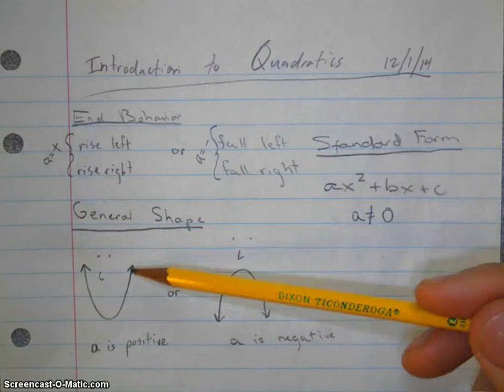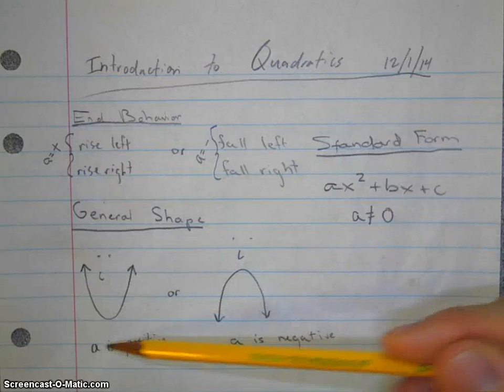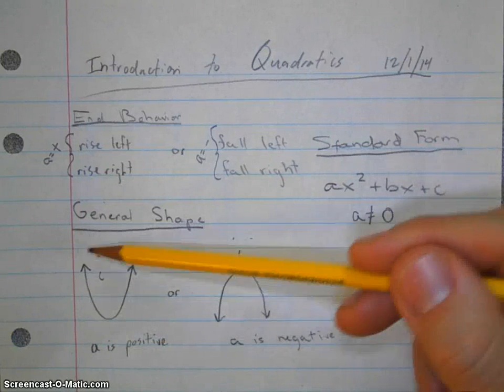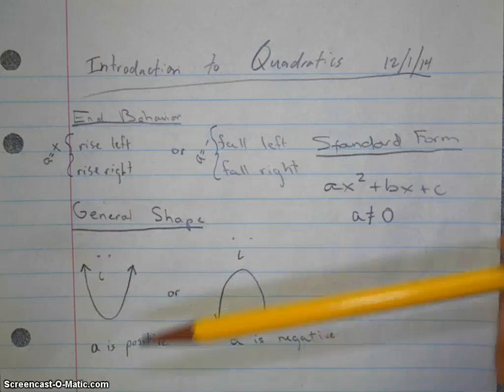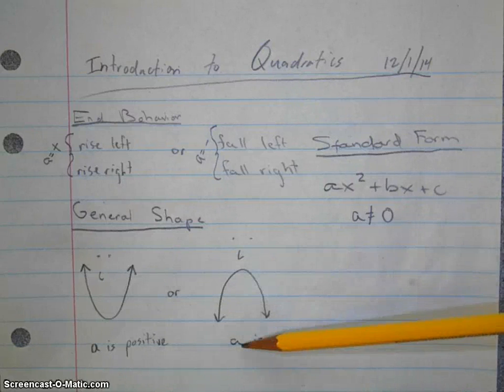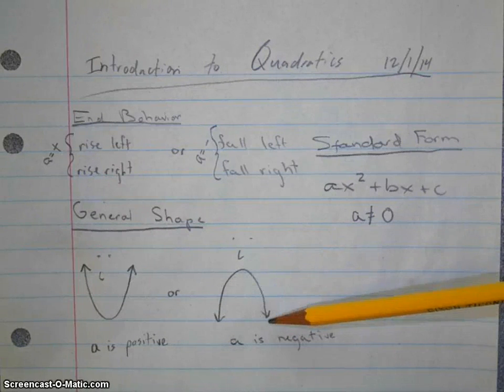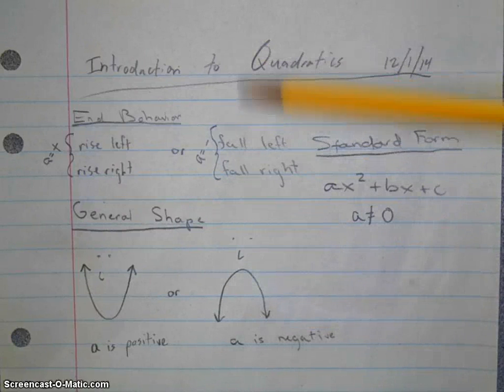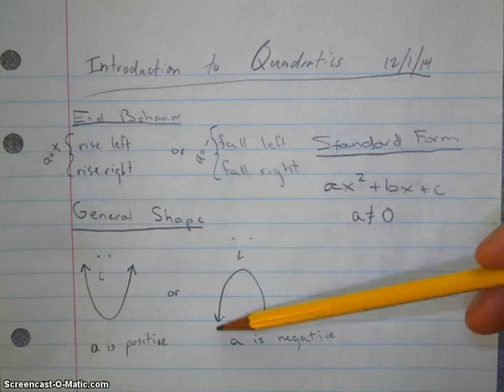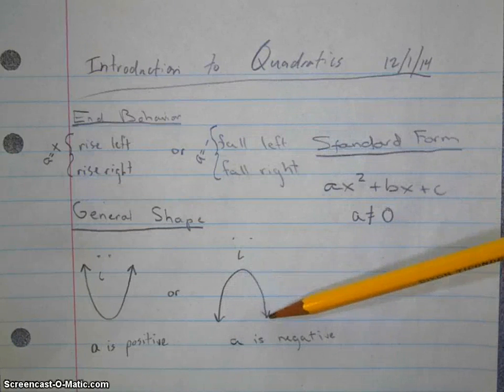When a is positive, it's like a smiley face. When you're happy, you're positive. When the a value is negative, it's like a frowny face. So when a is negative, we have a fall to the left and a fall to the right.